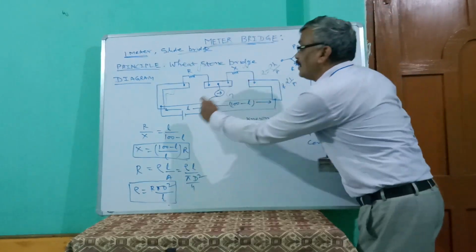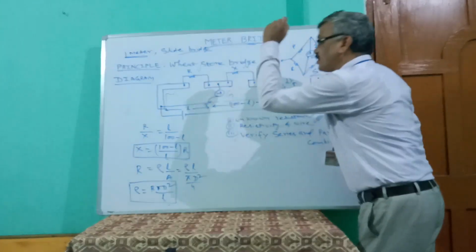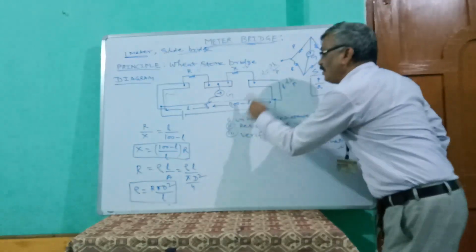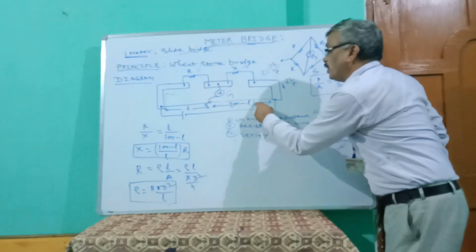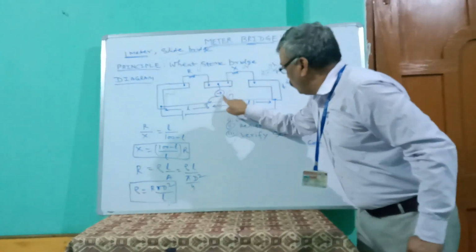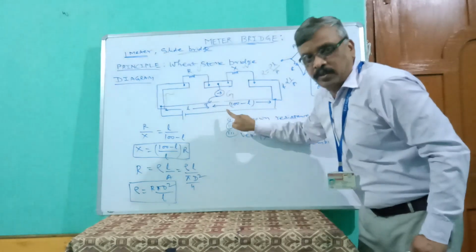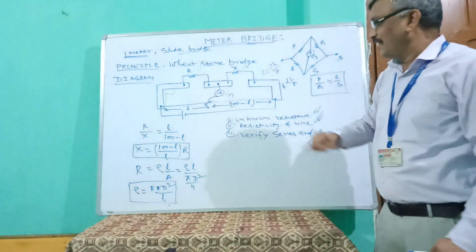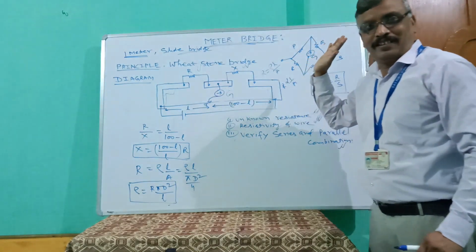Suppose that the balance condition is obtained at a length of L, then the remaining length is equal to 100 minus L. Now, if no deflection is observed in the galvanometer, this indicates the bridge is balanced.